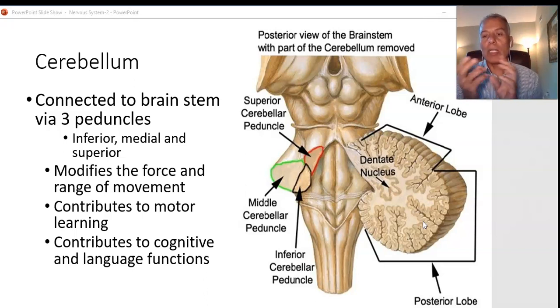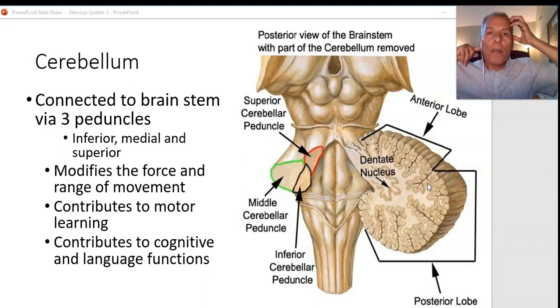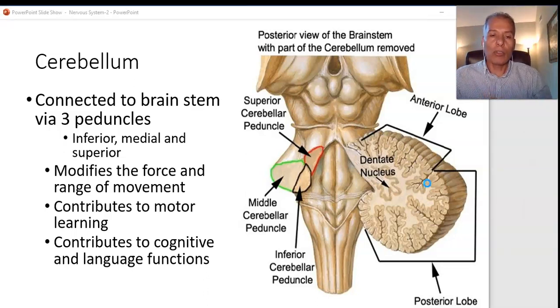And every center of it, say for example language centers in it, are connected with the language centers of the hemispheres. So, for example, the right hemisphere of the cerebellum is connected with the left hemisphere of the cerebrum, and the opposite is the same. It's true.